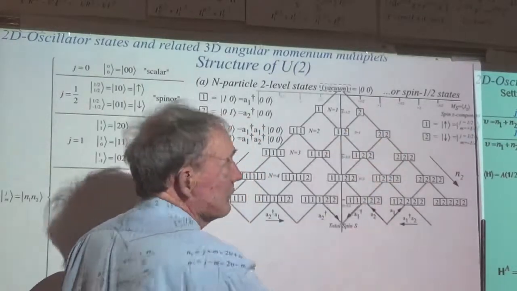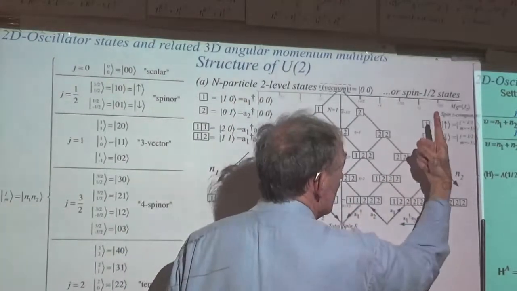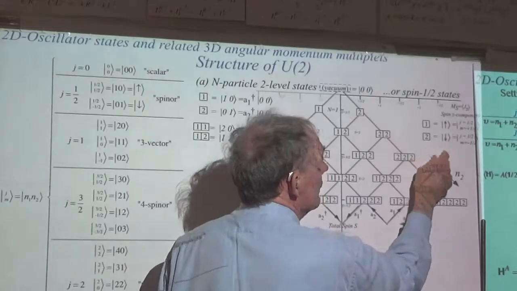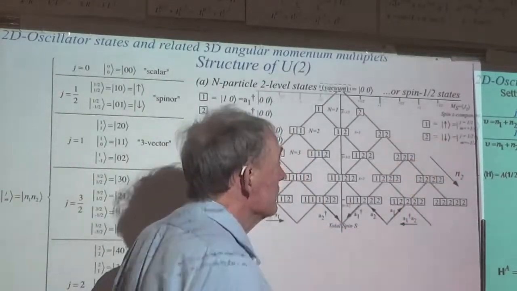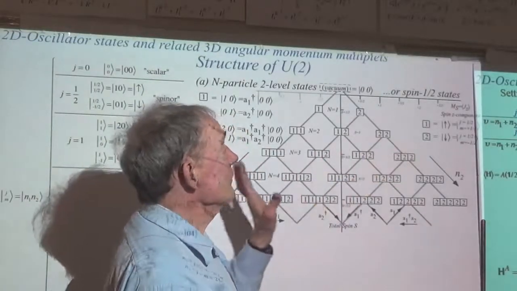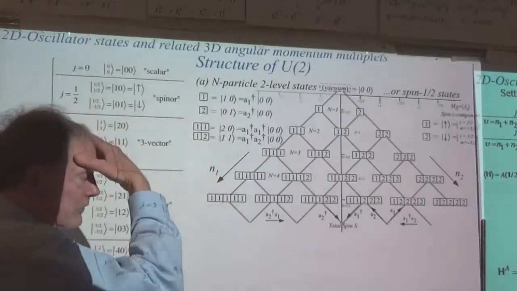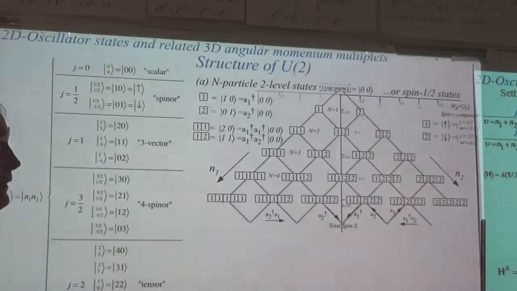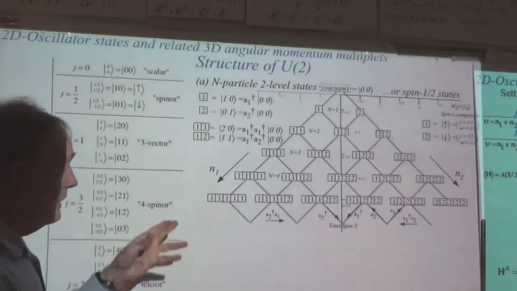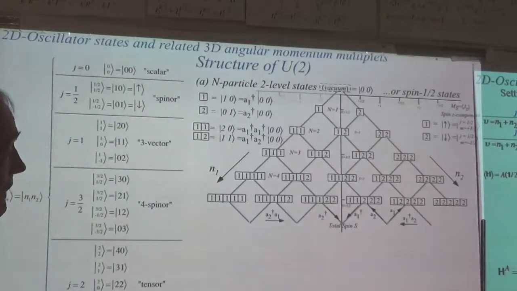That's just a particular choice of naming this one 1, spin up, +0.5, this one spin down, -0.5. And the boxes in a row represent that they're totally symmetric in all of these states. Harmonic oscillator states are bosons, so no argument there. Bosons are totally symmetric, so that's the kind of Young tableau I would use if I was going to lay them out in a quantum diagram like that.